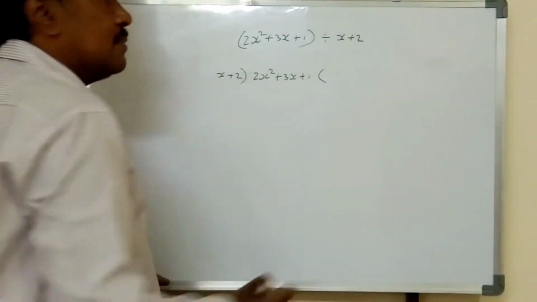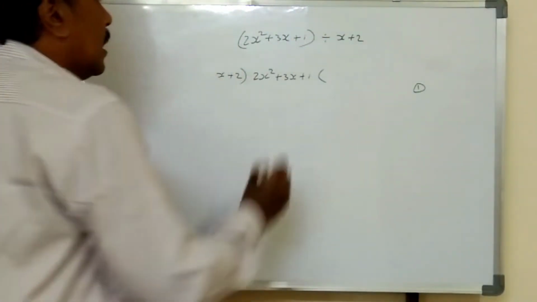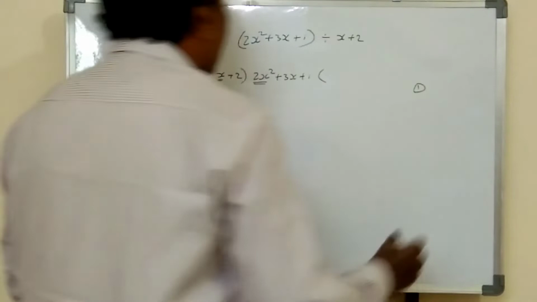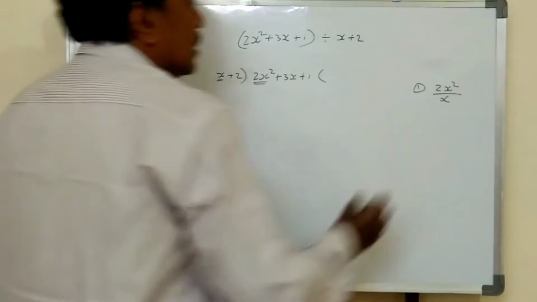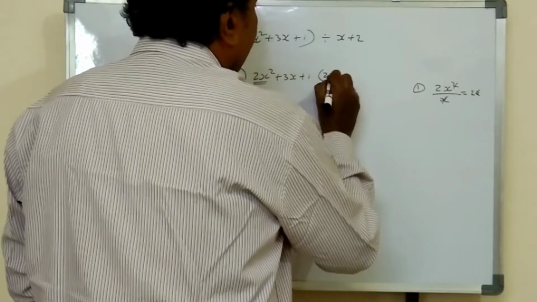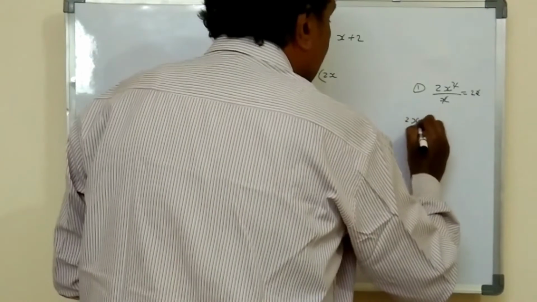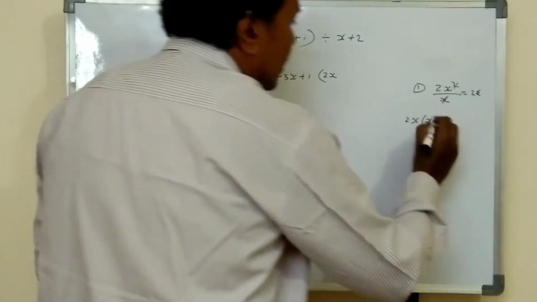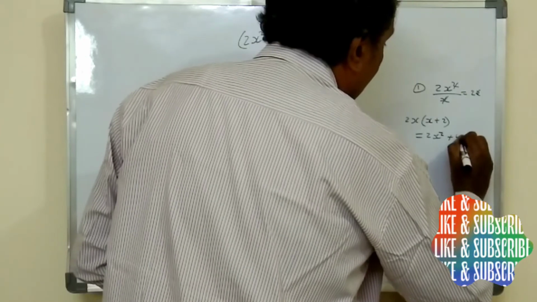As usual, what is the first step? This is the dividend, this is the divisor. Take the first term of the dividend and divide it by the first term of the divisor. So that becomes 2x squared by x, which is 2x. So keep 2x here. 2x into this entire binomial: 2x into x plus 2 is 2x into x, 2x square, plus 2x into 2, 4x.